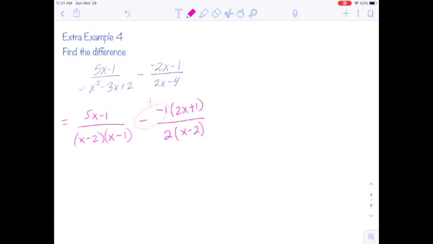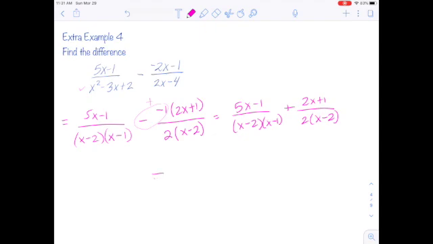So this again will create a positive. So you're left with 5x minus 1 divided by x minus 2, x minus 1, plus 2x plus 1 over 2x minus 2.